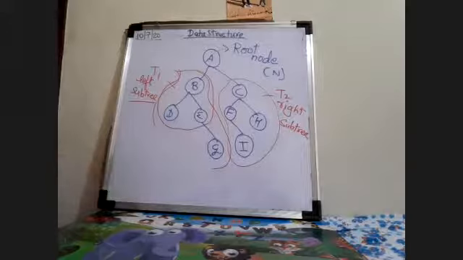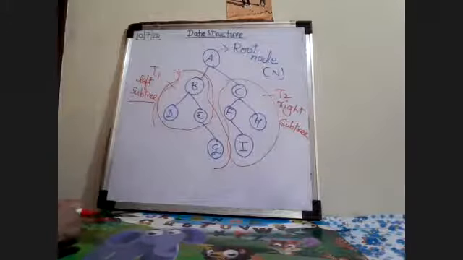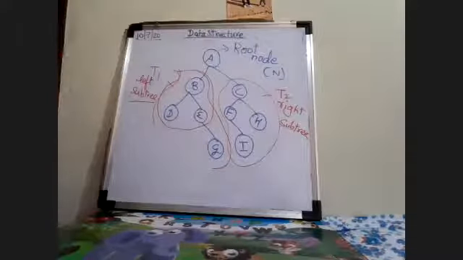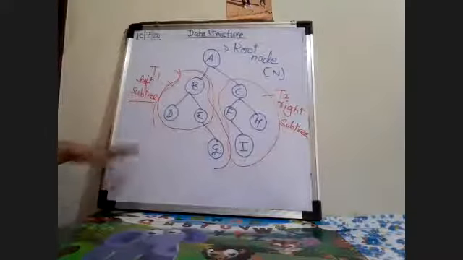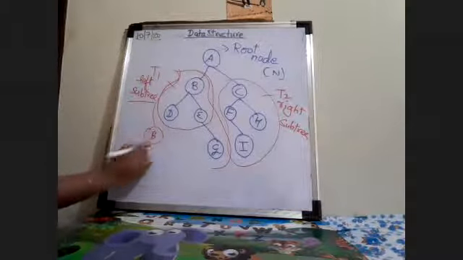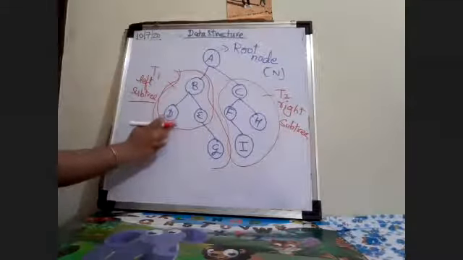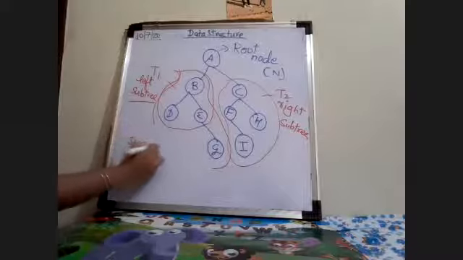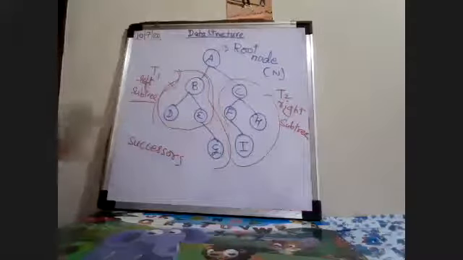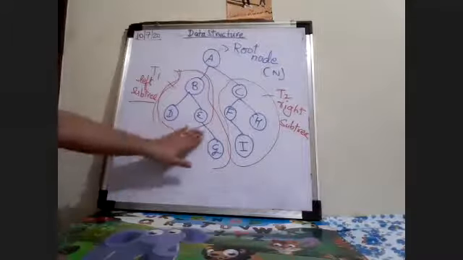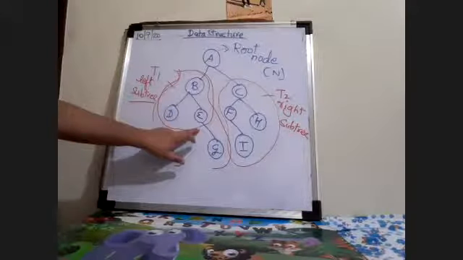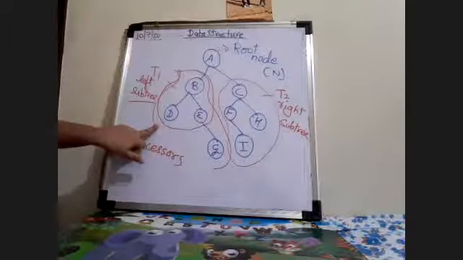So I was talking about successors, that each node has a left successor and a right successor. When I talk about B over here, B has left successor D. So every node will have either a right successor or a left successor.